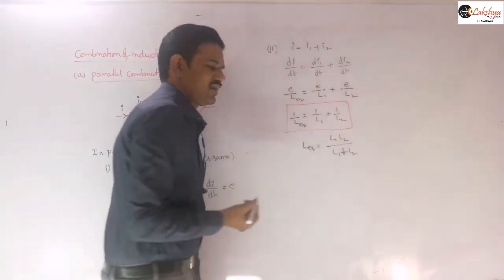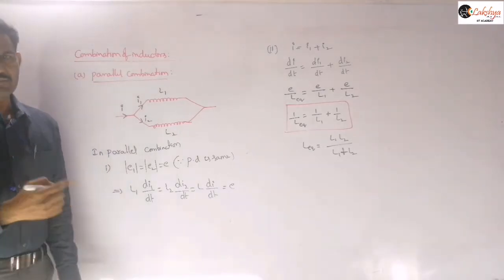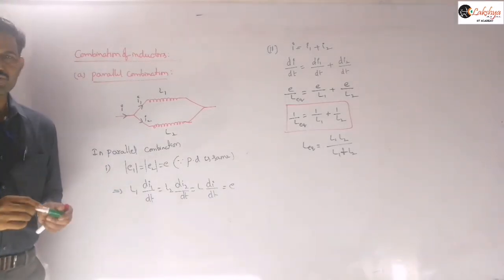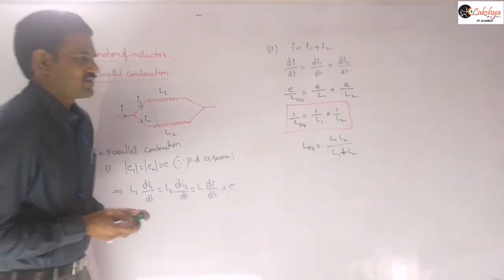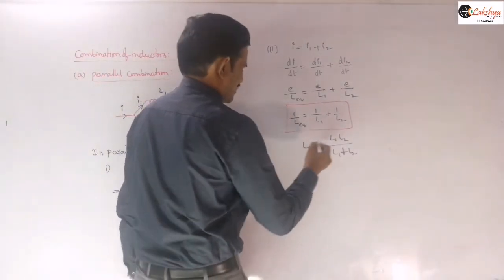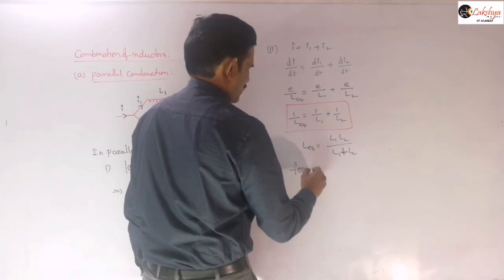That means now it is similar to that of our resistors in parallel. In resistors in parallel also you will get such a similar case. Now for inductors also we are getting that same case there. Even for n number of inductors, you can extend this formula here.